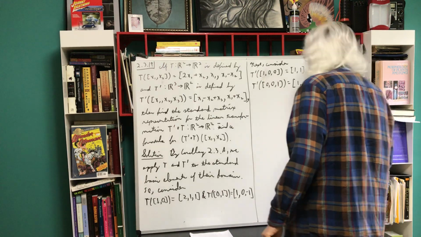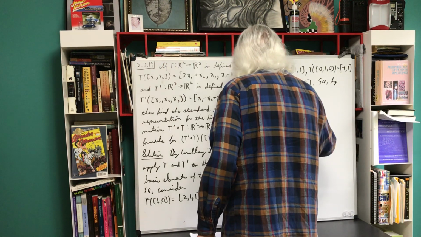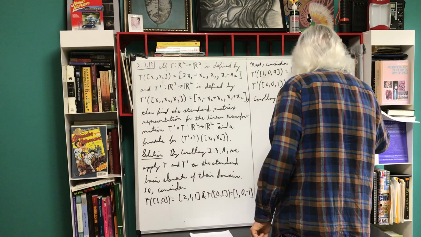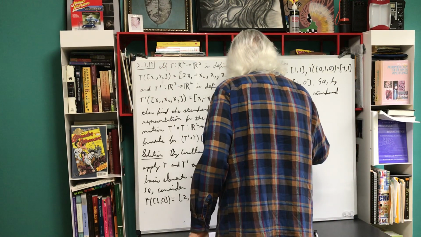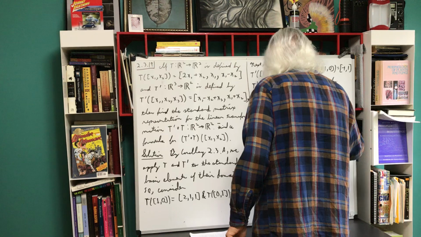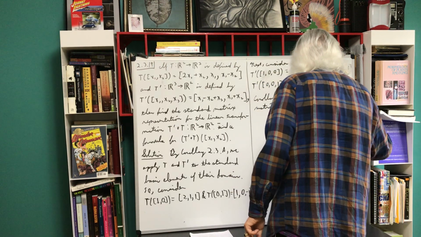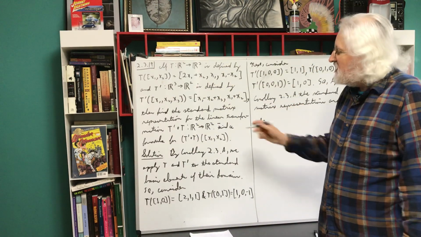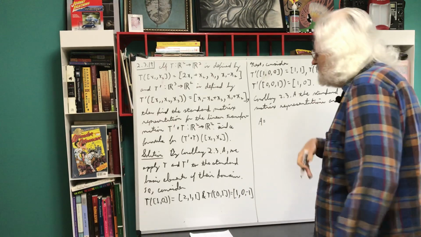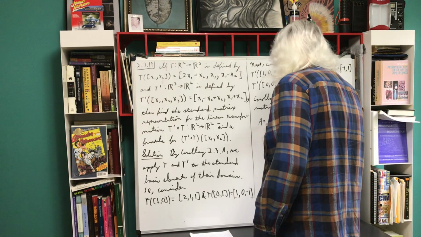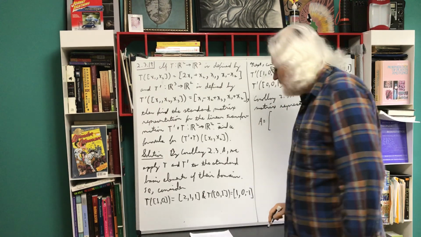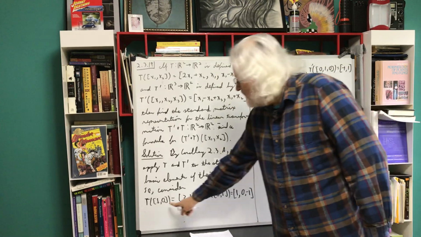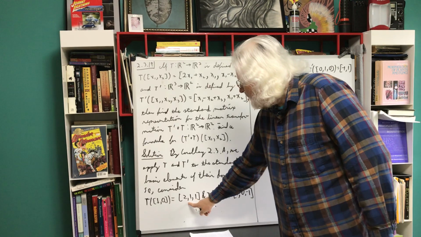So, by corollary 2.3.a, the standard matrix representations are as follows. The book's notation is to use A to represent transformation T and A prime to represent transformation T prime, so we'll follow that notation. We'll take the images of the basis vectors under transformation T. The vector 1, 0 is mapped to the vector 2, 1, 1.